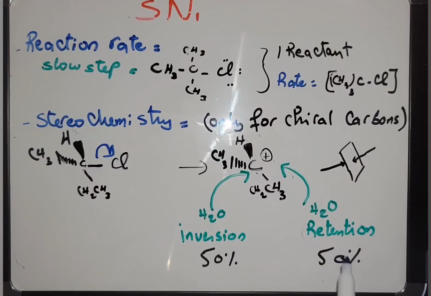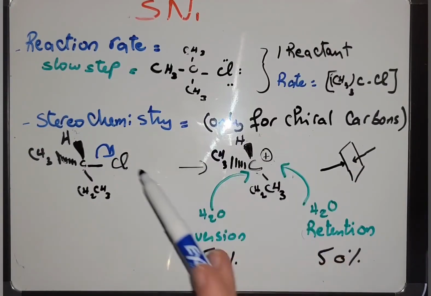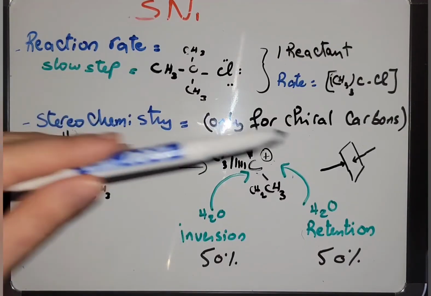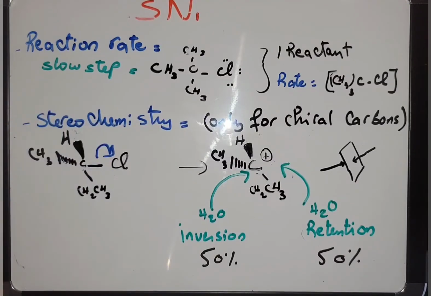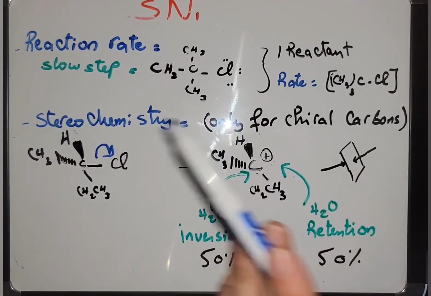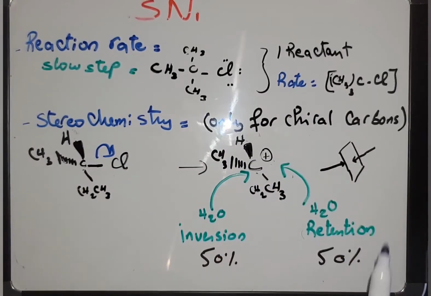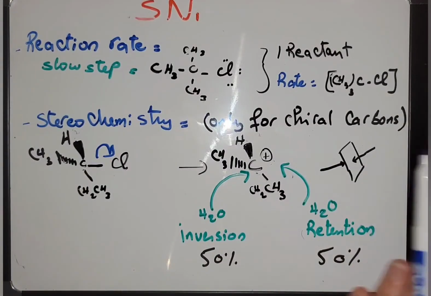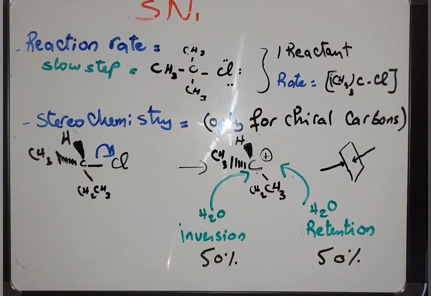And if it attacks from a different side, the opposite side of the leaving group, it's going to be called inversion, because it's attacking from the inverse of the back. So for an SN1 reaction, we get 50% of the first product and 50% of the other product here.